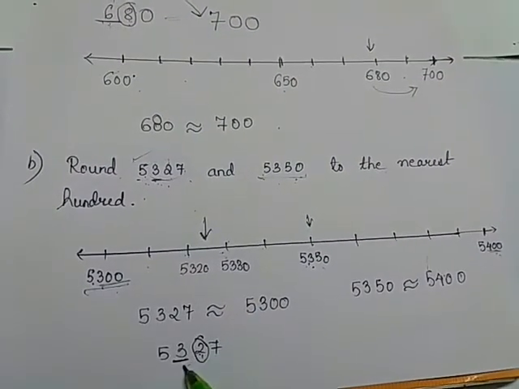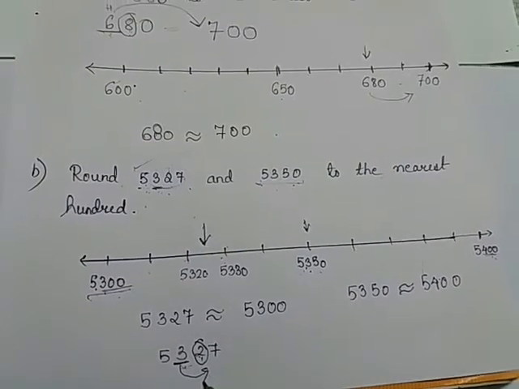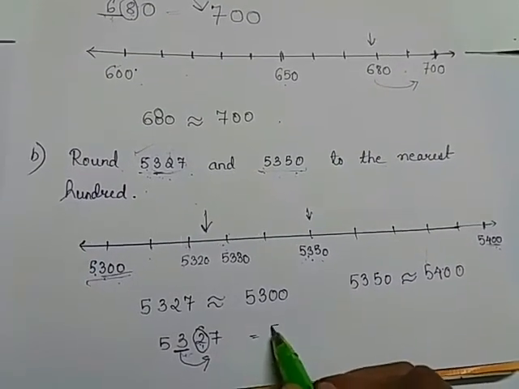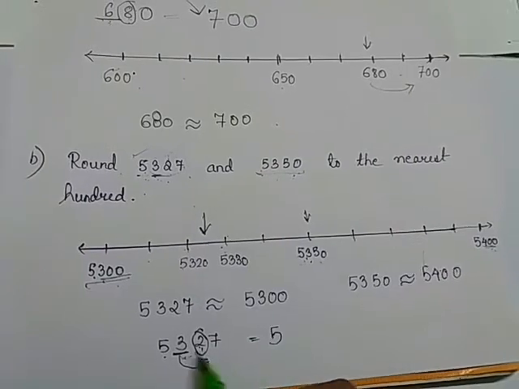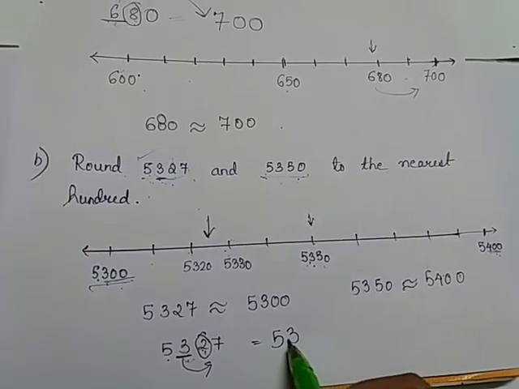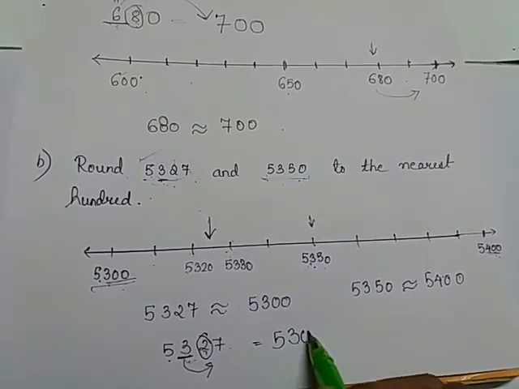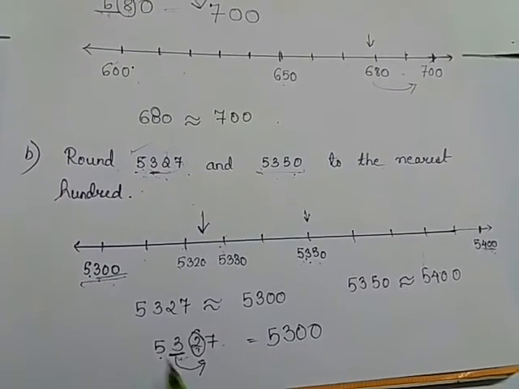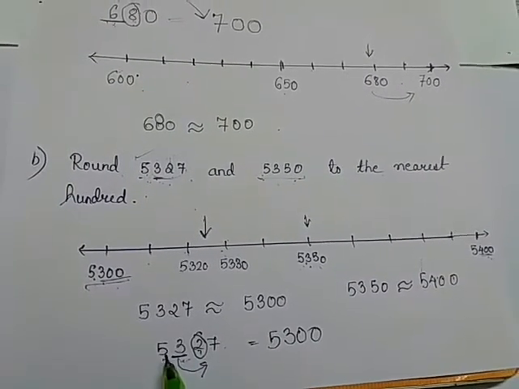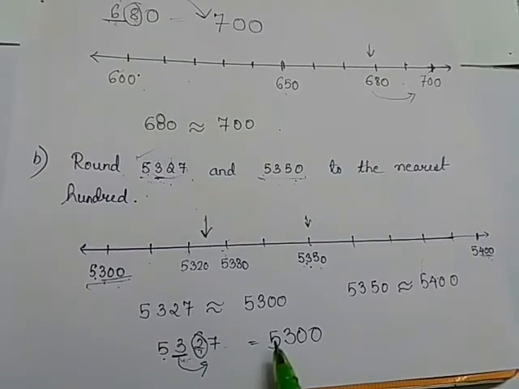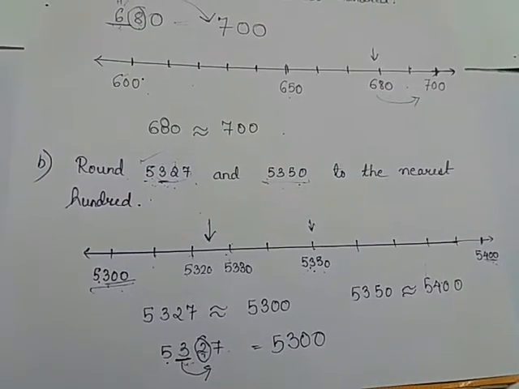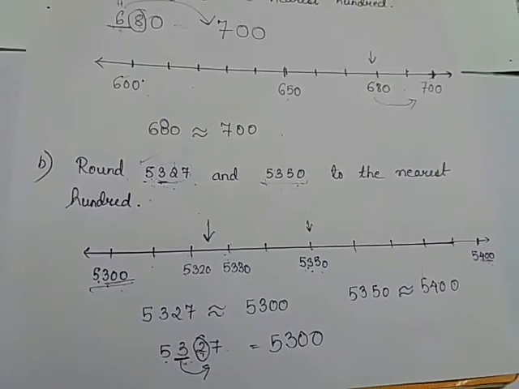So that's why it will round the digit down, and as a result 5 will remain the same, 3 will also remain the same, and the other two places will become 0. So we can say that the round off of 5327 is equal to 5300 to the nearest 100.